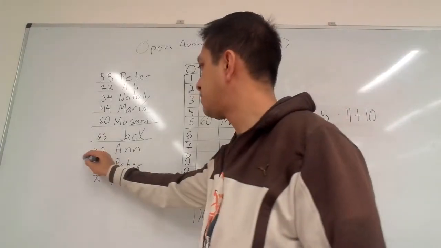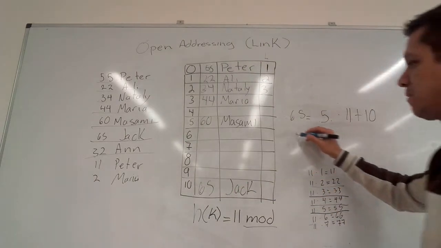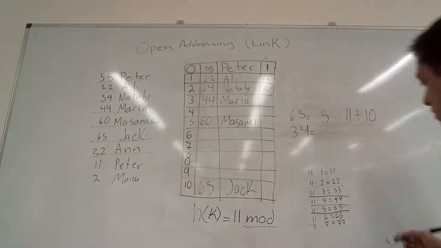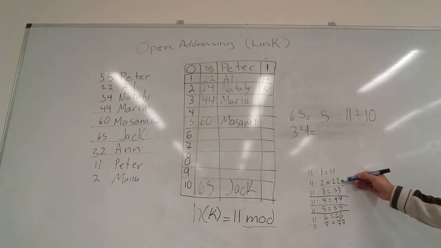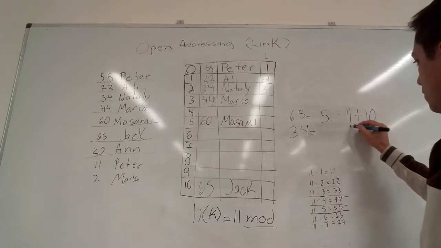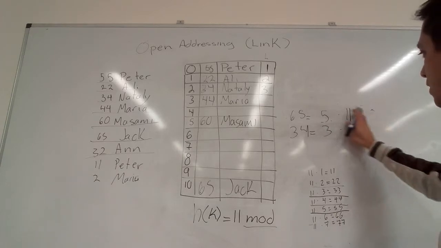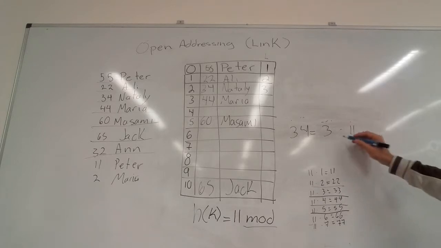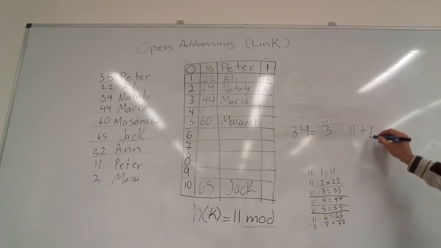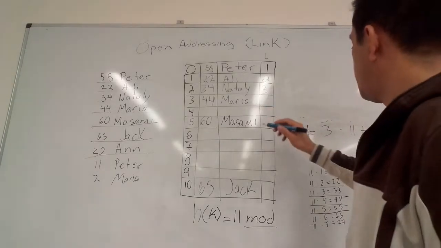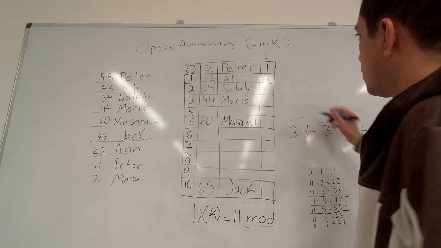Let's continue with Anne, who has 34. We can use 11 multiplied by 3, which is 33, plus 1, it's 34. So let's place it in number 1.